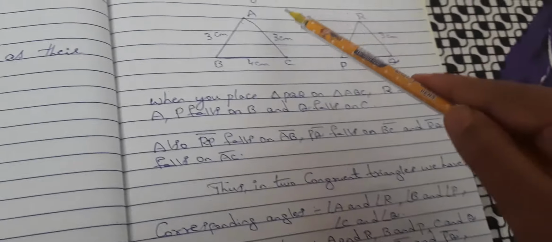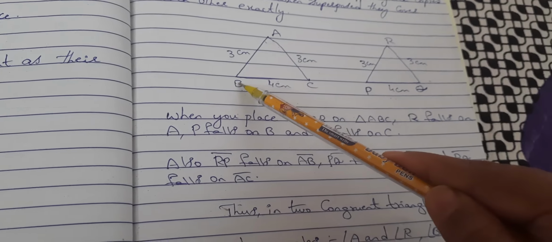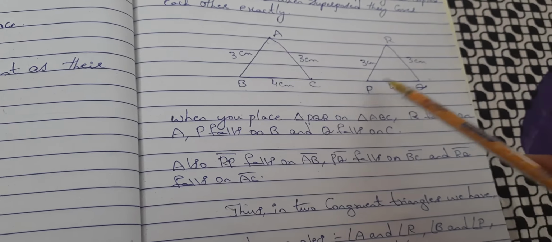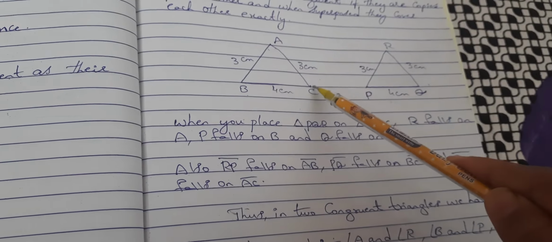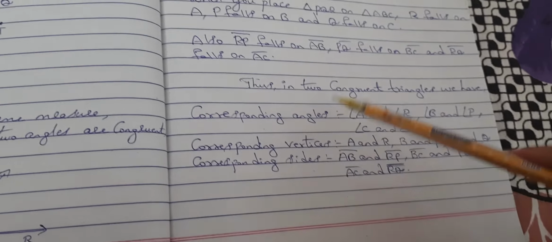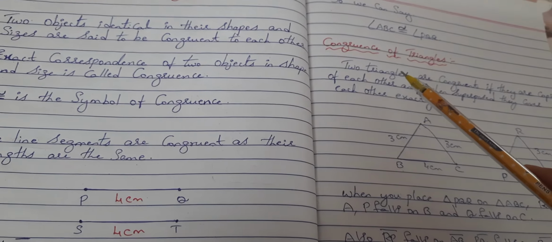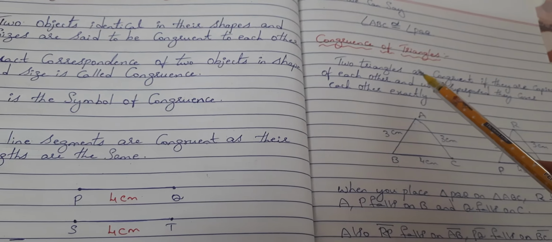Corresponding sides: AB and RP, BC and PQ, AC and RQ. So these are the sides. So this is the congruency of triangles. I have given you a little introduction about this.